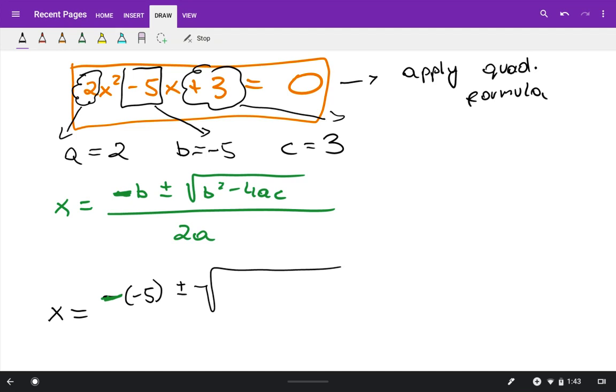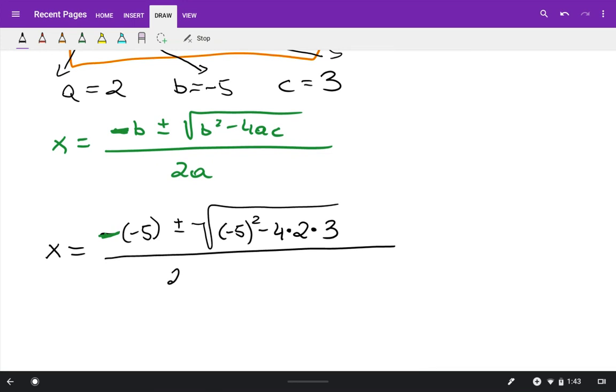So b is negative 5. When your b is negative, make sure you put that in parentheses. B squared minus 4 times a, which is 2, times c, which is 3. And everything has to be divided by 2a, which means 2 times a, which is 2.